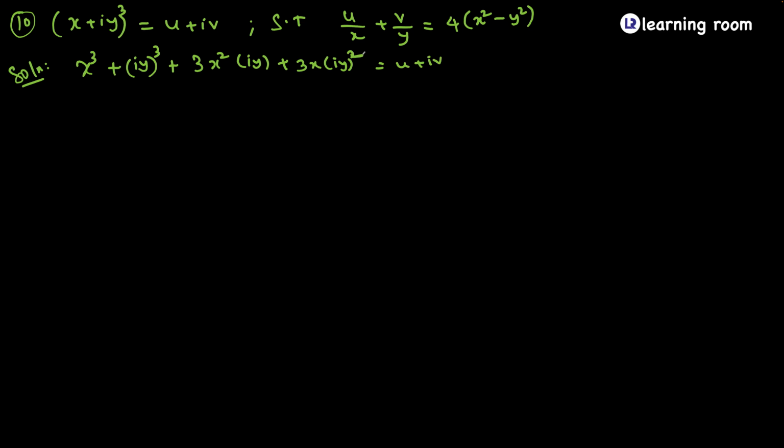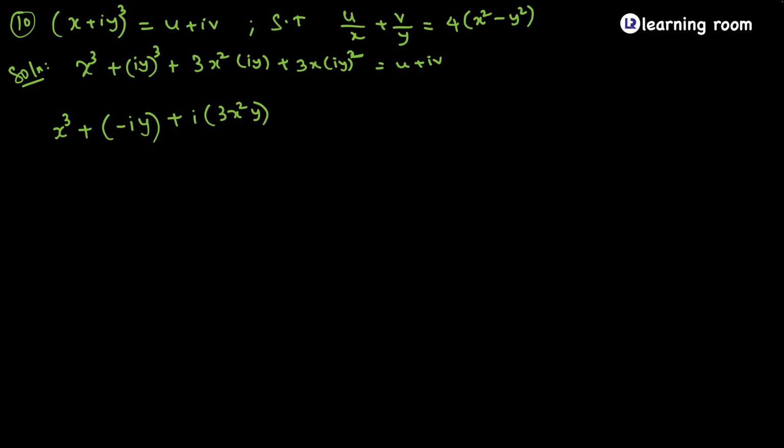So here you will have x cube plus i cube into y cube. i cube is minus i. Plus here you have i into 3x square y.